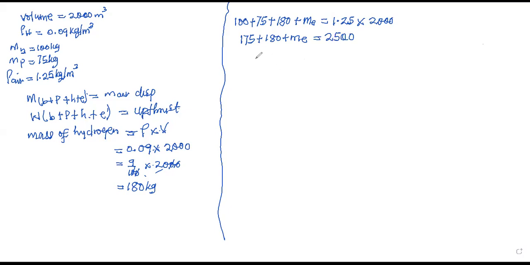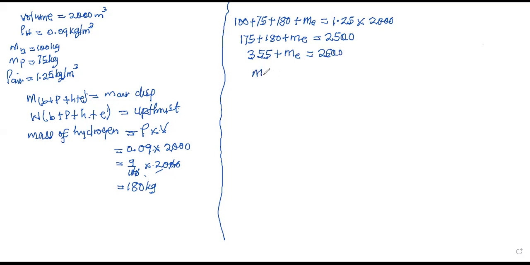Okay, so we have this is 175 plus 180 plus ME is equal to 2,500. Okay, so that 175 plus 180 would give us 355 plus mass of equipment equal to 2,500.